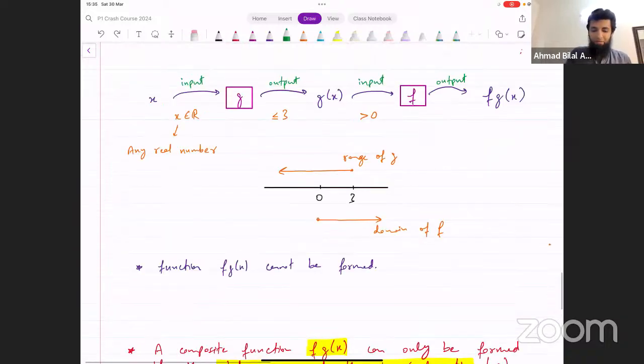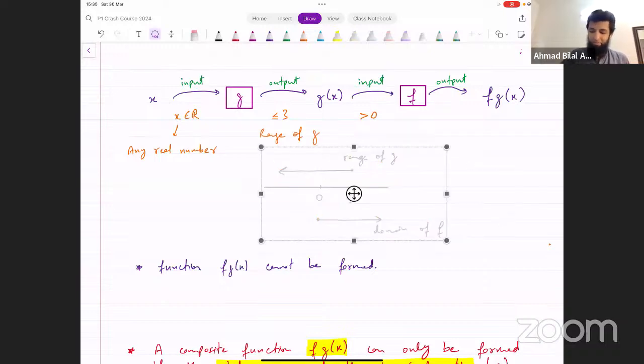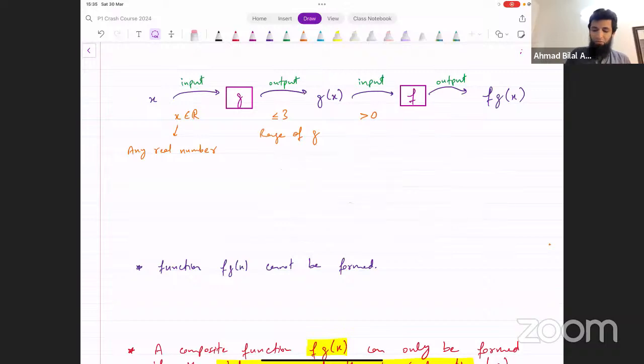So what we have here is less than or equal to 3. What does that represent? That basically represents the range of g, right? Less than or equal to 3, that's the range of g. And what does greater than 0 represent? This represents the domain of f. Now this range of g, less than or equal to 3, all of this has to be part of the domain of the function f.